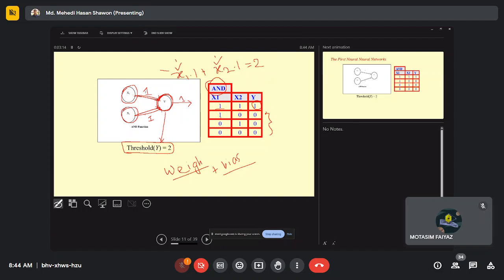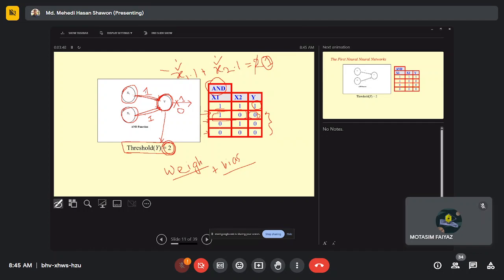But if you put other combinations like 1 0, 0 1, 0 0, say 1 0, x1 is 1, x2 is 0, so you'll get 1. This value doesn't meet the threshold, so it will not ignite any output. The output will be 0, which is like an AND function.